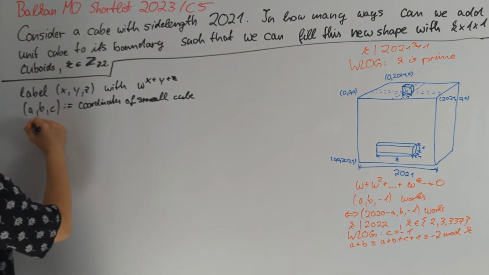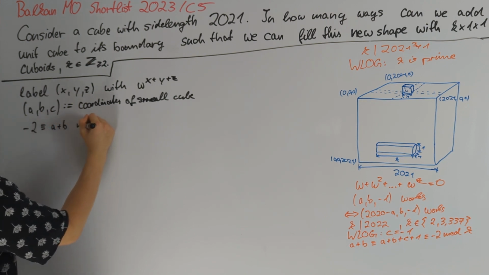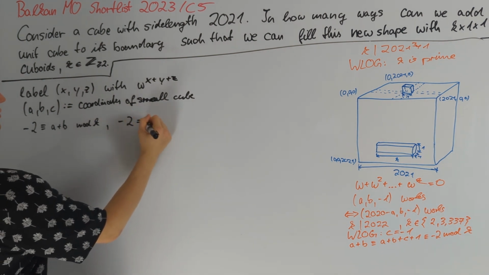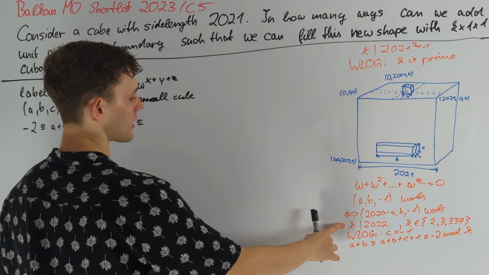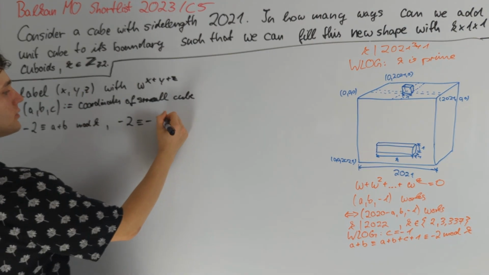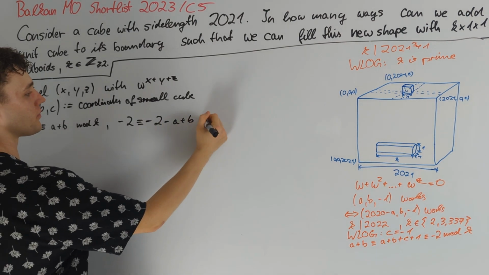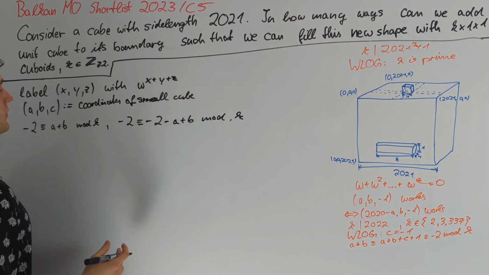Namely, not only do we know that negative 2 is congruent to a plus b modulo k, but we also have negative 2 is congruent to 2020 minus a plus b, and 2020 is congruent to negative 2 modulo k, so negative 2 is congruent to negative 2 minus a plus b modulo k. This yields a is congruent to b modulo k.